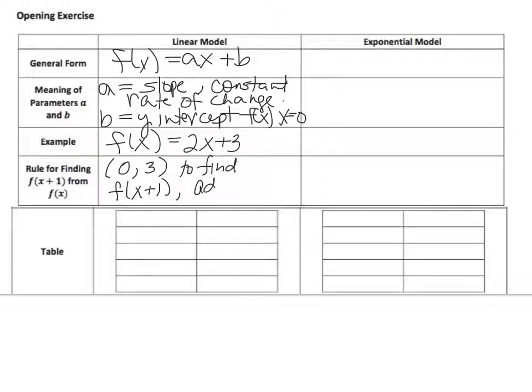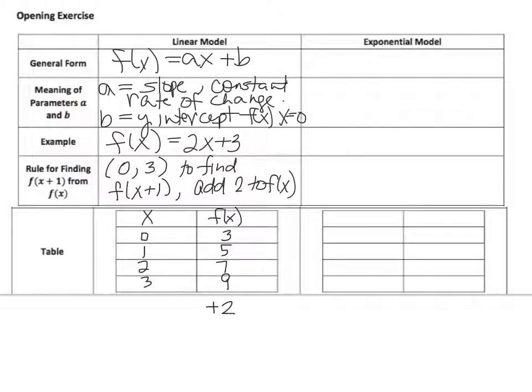I'm going to add 2 to f of x. So for my table, I'm going to start with (0, 3). And for my next point, I'm going to add 2. For my next point, I'm going to add 2. For my next point, I'm going to add 2. A plus 2 pattern.